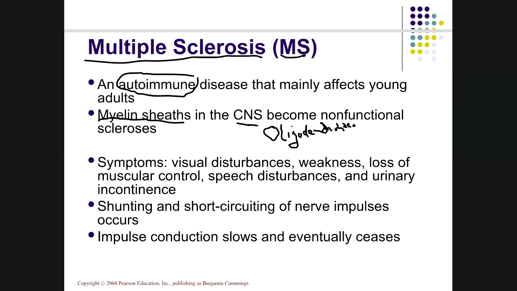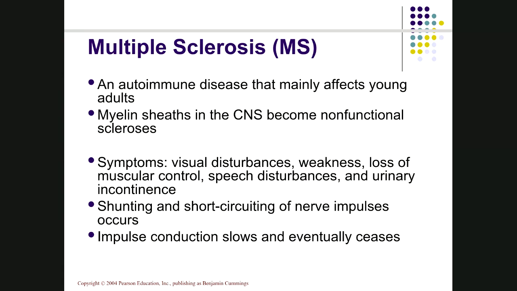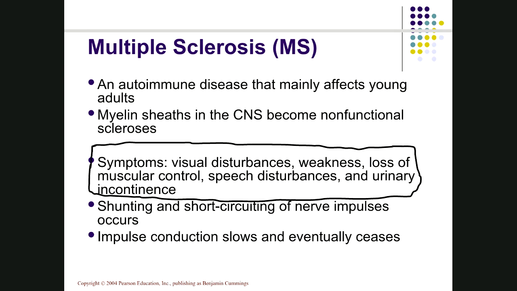And what it does is it slows everything down. And so we get all kinds of weird symptoms because the neurons are not talking, at least as quickly, to all the different organs in the body. The impulse gets slower, and as the disease progresses, it stops.